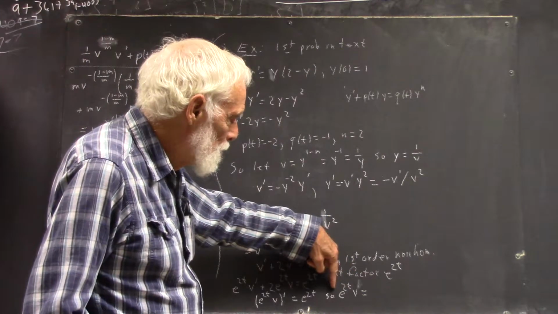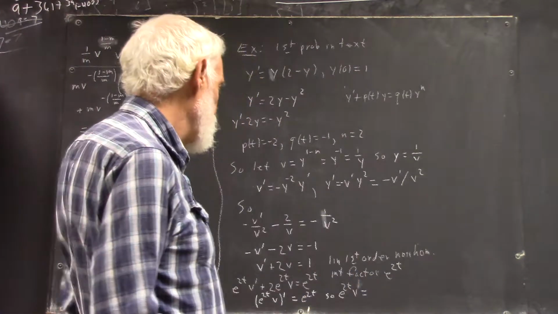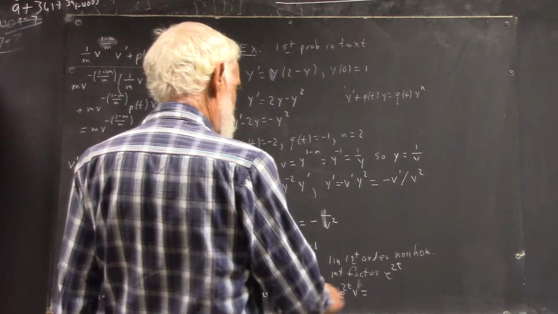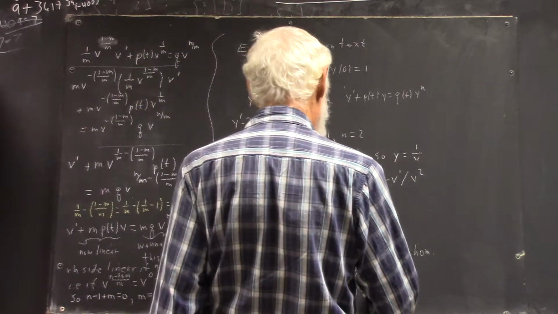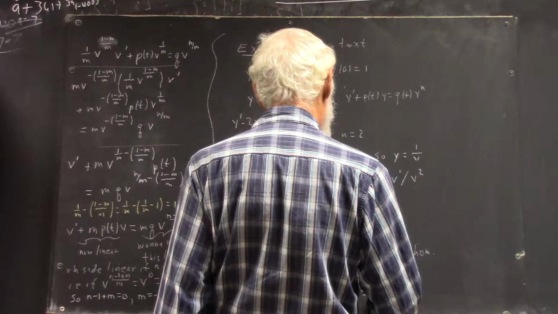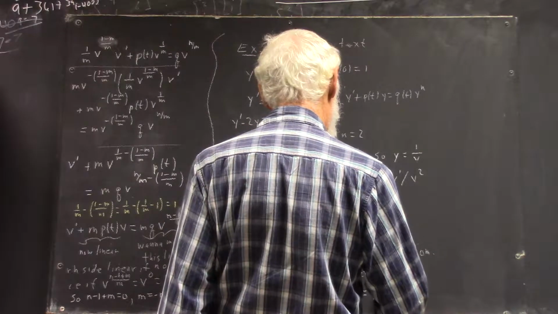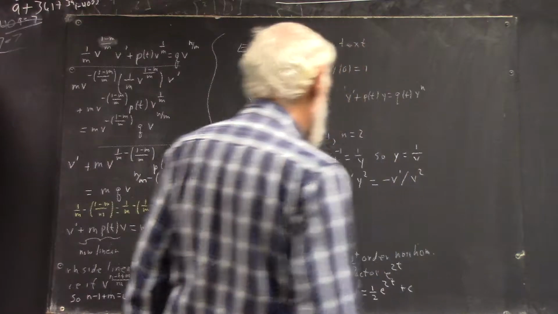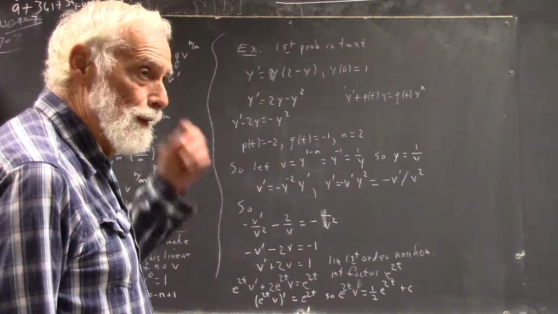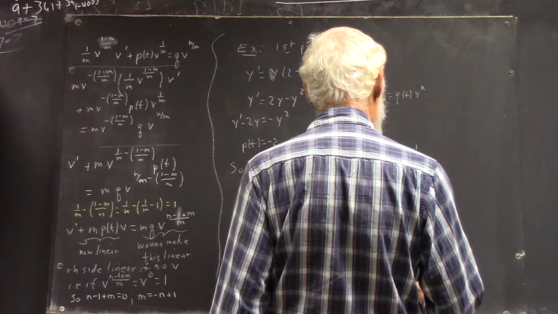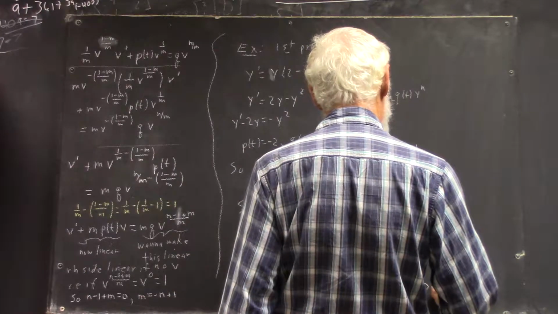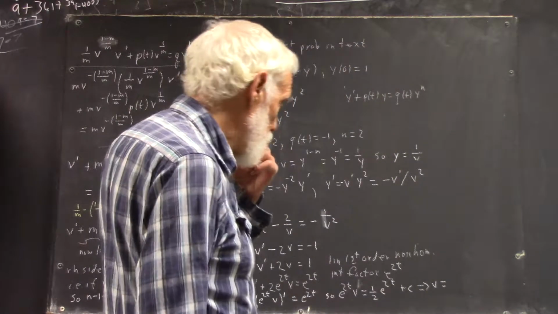Okay, so anyhow, e to the 2t times v equals what? Well, this is the antiderivative of this, right? It's got to be the antiderivative of this. So there it is, right? And this should be familiar. You've done a bunch of these now.